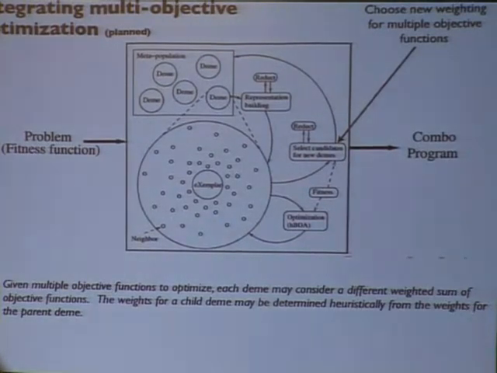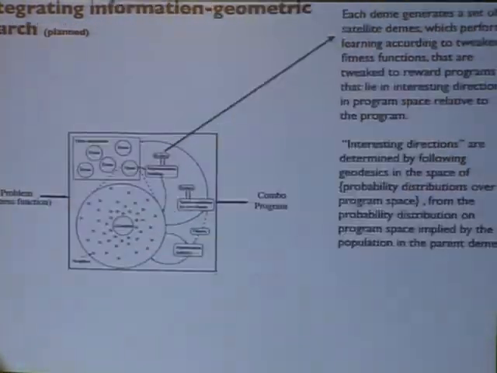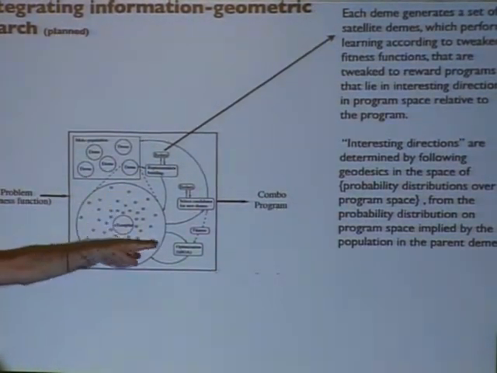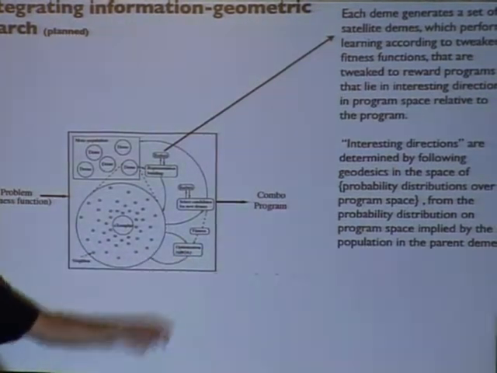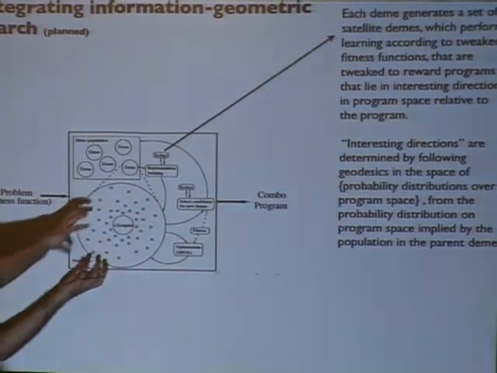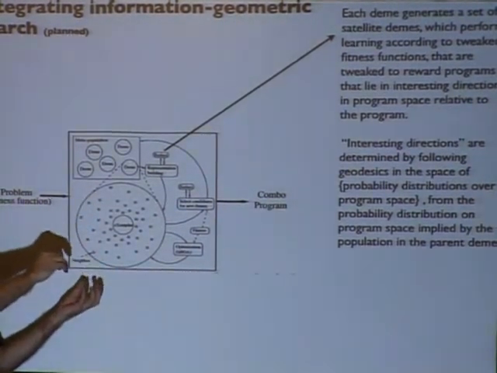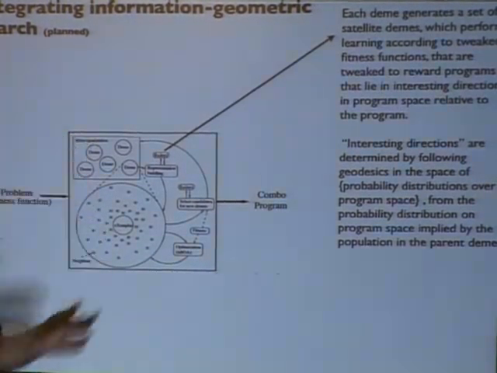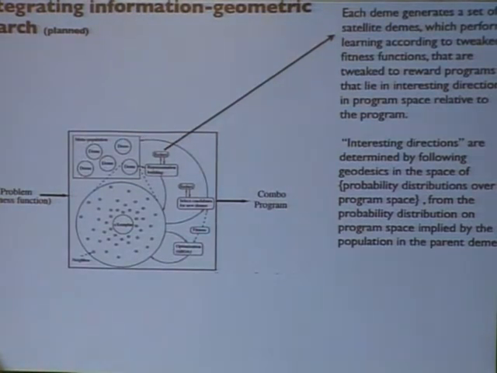And the talk I'll give next year is probably on something I don't have time to explain now, but we're actually overhauling this search within a deme to no longer use HBOA, but we're using some stuff from information geometry, which is quite cool. So you kind of compute the geodesic, the shortest path through the space of probability distributions over programs, and use that to accelerate the program search.